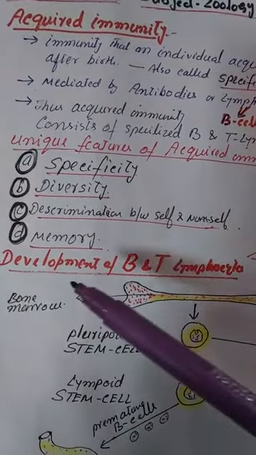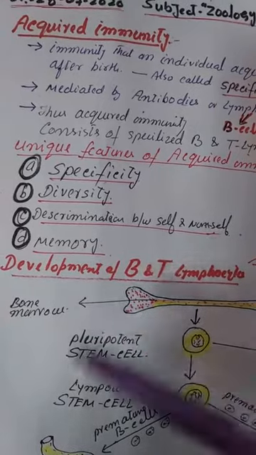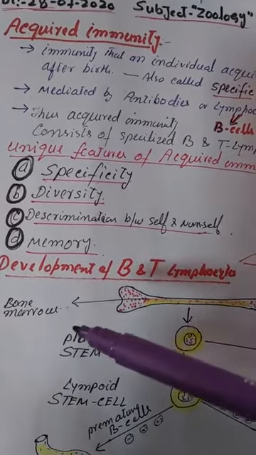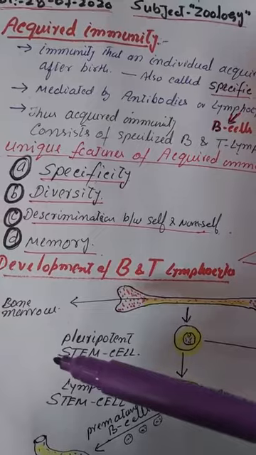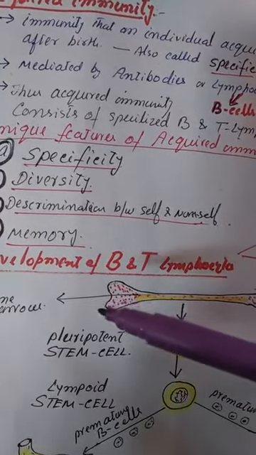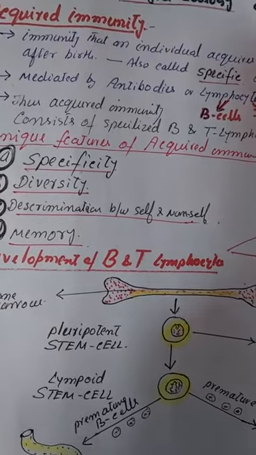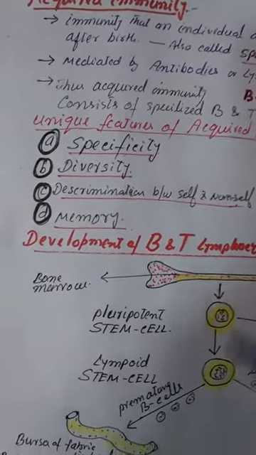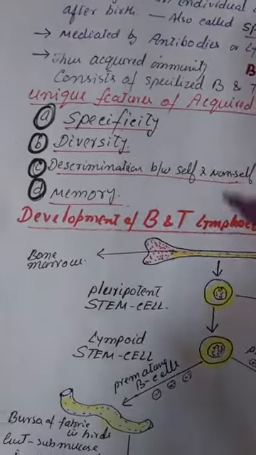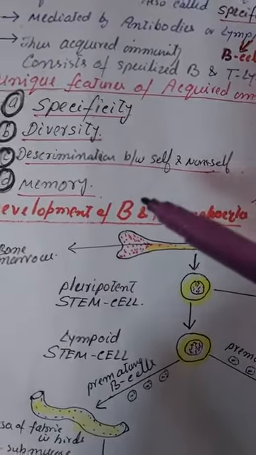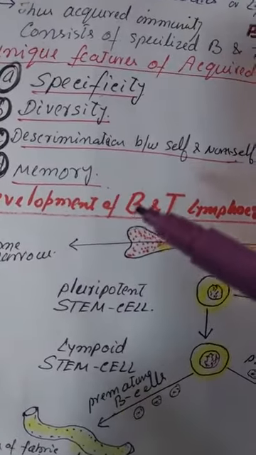Now, this diversity means that this type of defense mechanism is able to recognize a vast variety of foreign molecules or foreign antigens. The third unique feature is the discrimination between self and non-self.